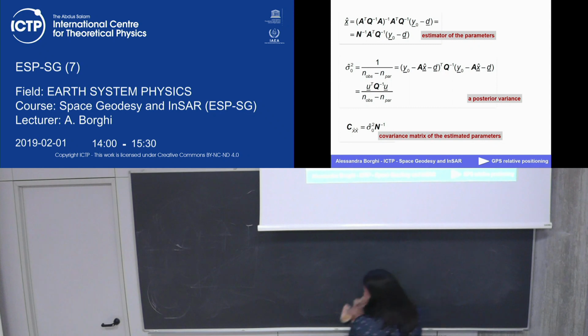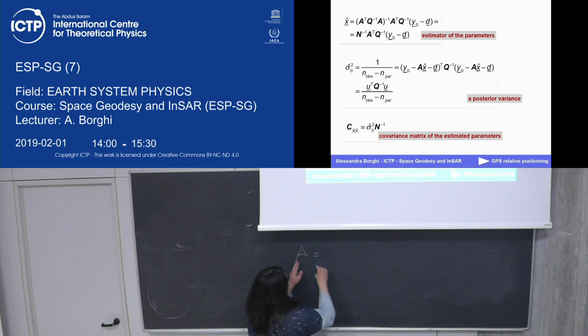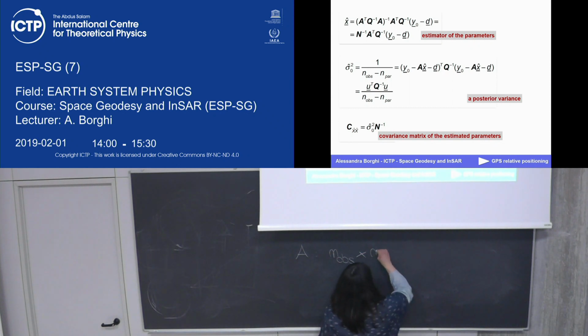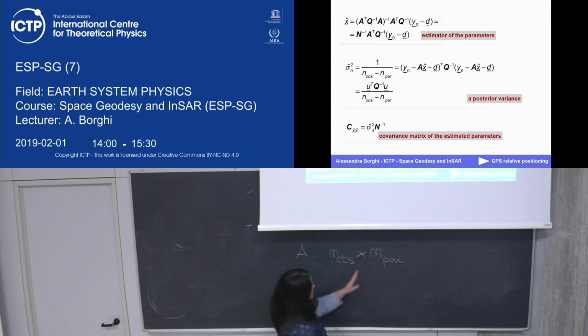If n is the number of observations, we have a matrix with n rows and the number of columns given by the number of parameters.